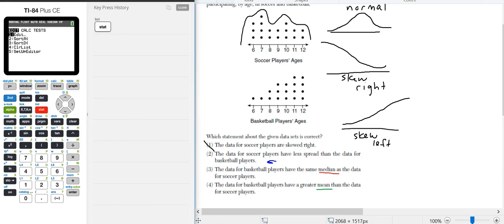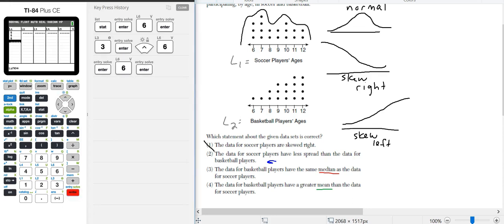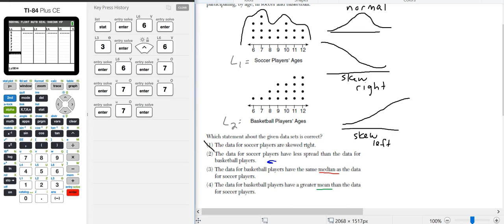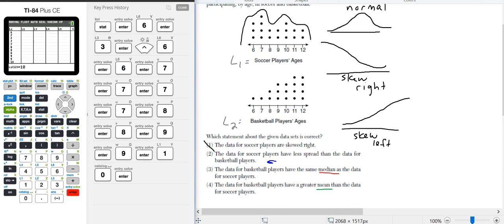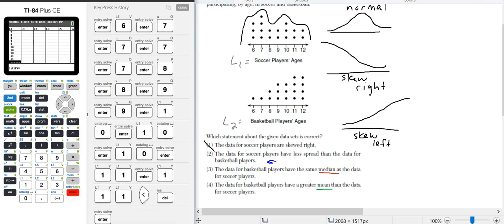To do that, we're going to press Stat, Edit. In L1, we'll put in the soccer players, and in L2, we're going to put in the basketball players. So for L1, we have 3 6s, 4 7s, 2 8s, 2 9s, 3 10s, 2 11s, and 2 12s.